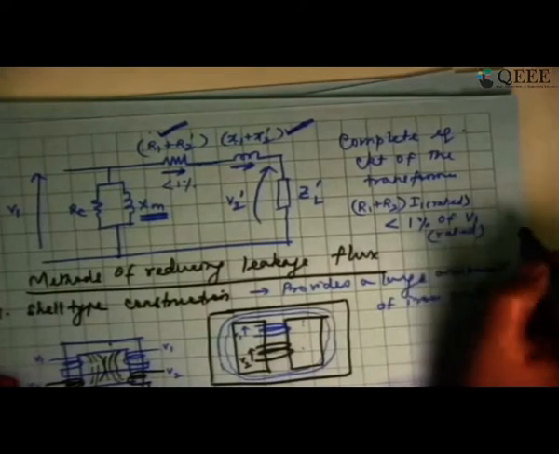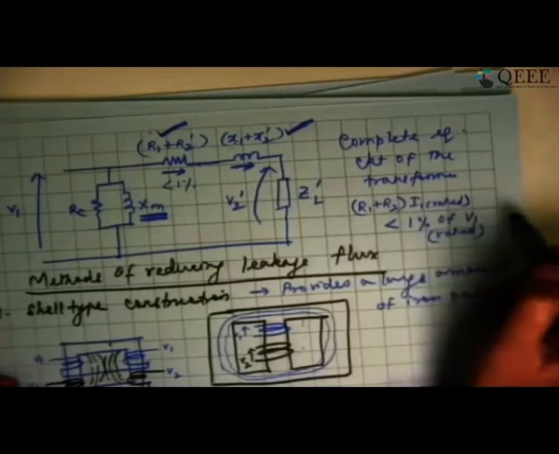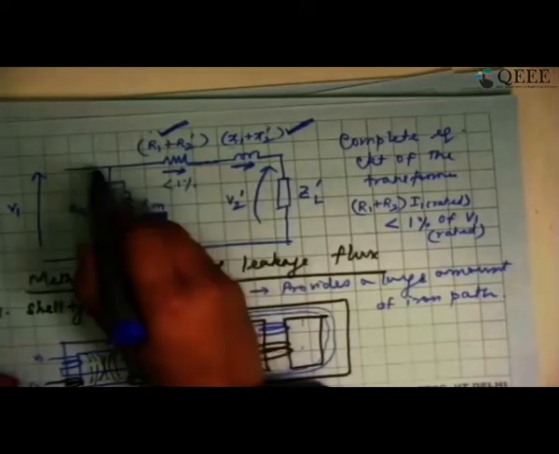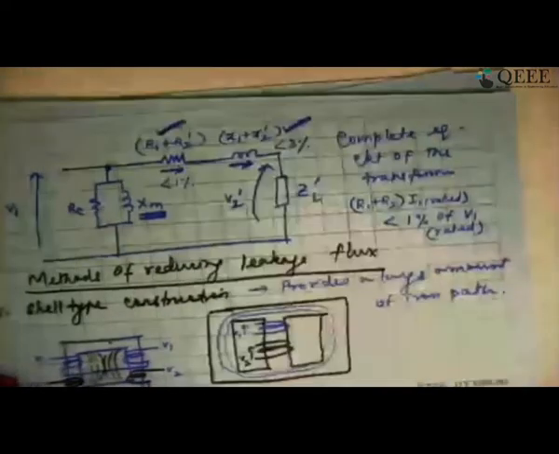What I mean is, if V1 is 200 volts, R1 plus R2 multiplied by I1 rated will be less than 2 volts normally. So, if the drop is so little, you don't have to really worry about that being shifted beyond this point. There is nothing wrong. Similarly, X1 plus X2 normally will be less than 3%, 3 to 4%.